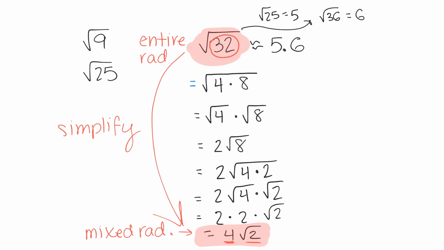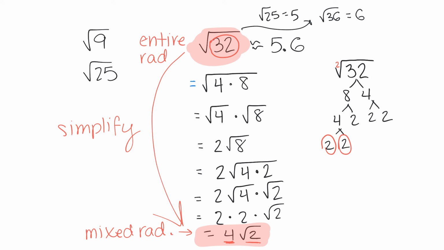Now, there is an easier way to do that than this mess. Let me show you. I'm going to do this again. I'm going to take my root 32, and I'm going to go ahead and make myself a factor tree here. So 8, 4, 4, 2, 2, 2, 2, 2. So look what's happening. Remember earlier we said the invisible number here was 2, which meant we were looking for pairs.